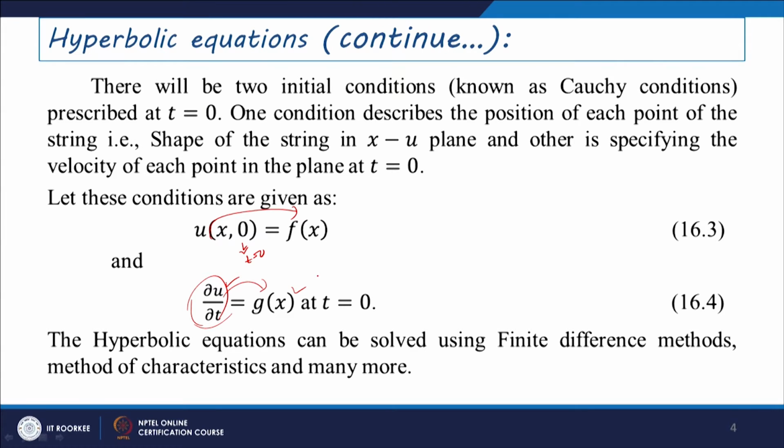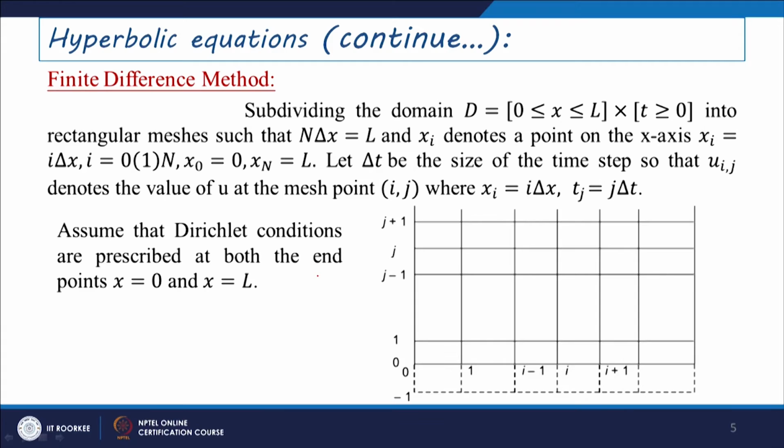These hyperbolic equations can be solved using finite difference methods, the method of characteristics, or many other methods. If we go for a finite difference method, we have to subdivide the domain x equals 0 to L, for t greater than or equal to 0, into a finite number of grids, that is, points 0, 1, 2 up to n.